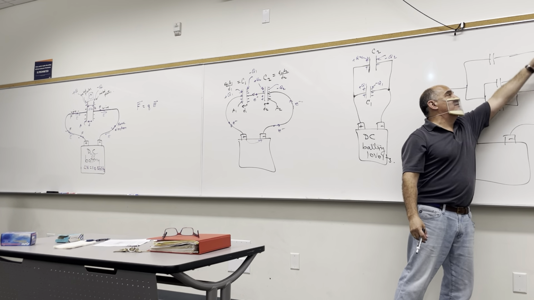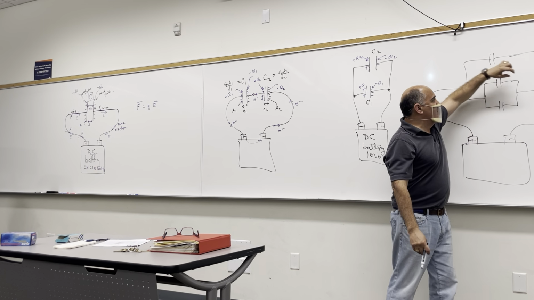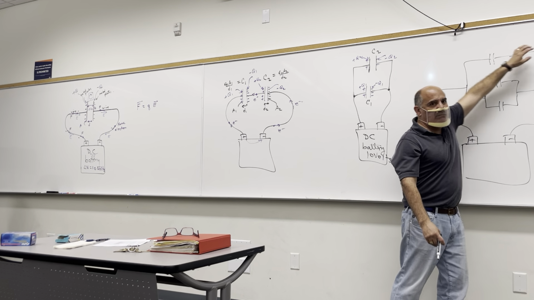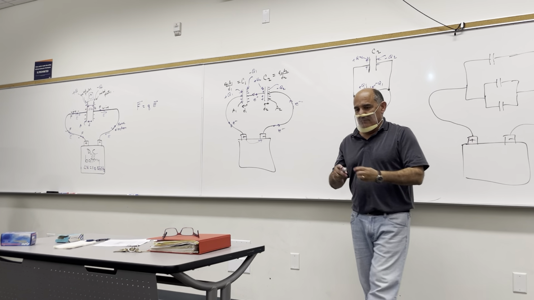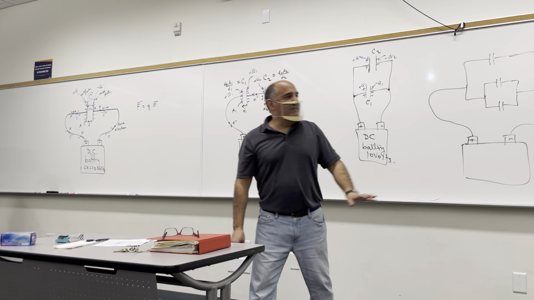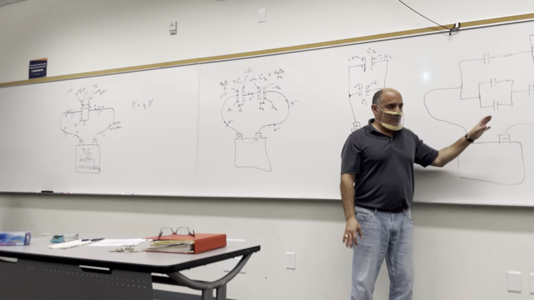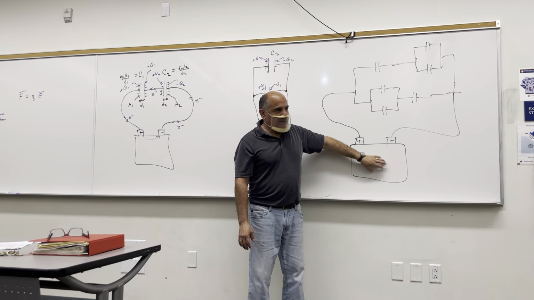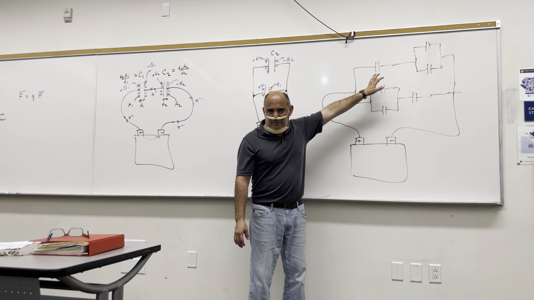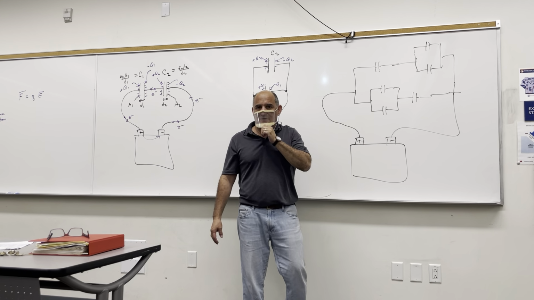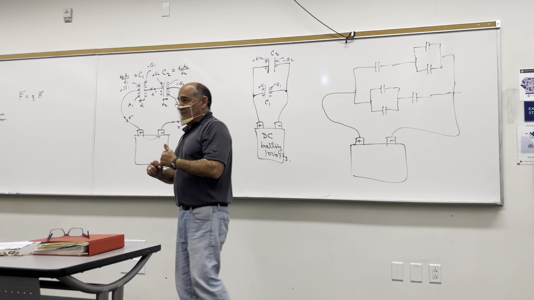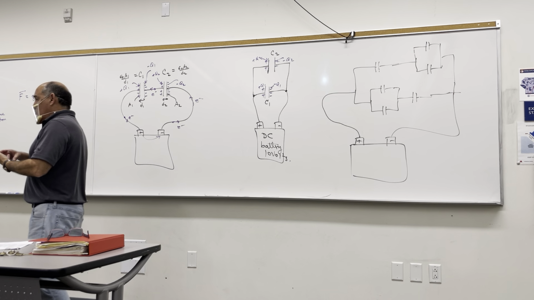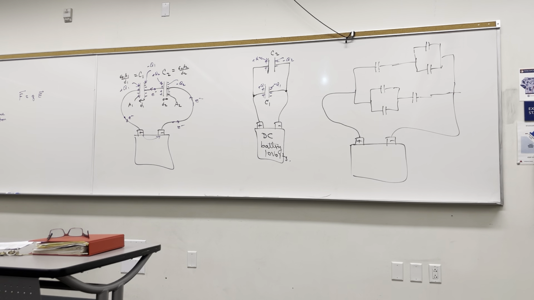What's this potential difference, what's this voltage? So, given a circuit with a DC battery and a whole bunch of capacitors, how do we figure out the voltage across every capacitor and the charge on every capacitor? We want to be able to do that.